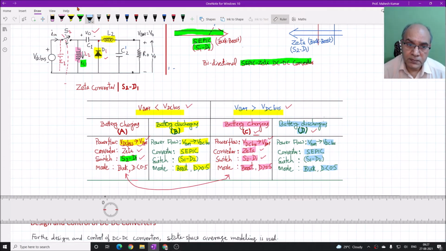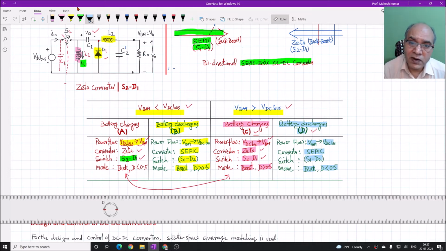So these aspects are considered in the control of the whole bidirectional converter. We have to check the two bus voltages, then we have to check the battery conditions, whether it needs charging or discharging depending upon the state of charge of the battery. The status of the DC bus is also checked to indicate whether it is available for charging and discharging.